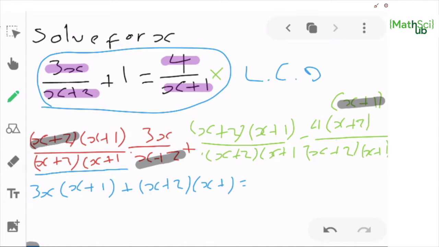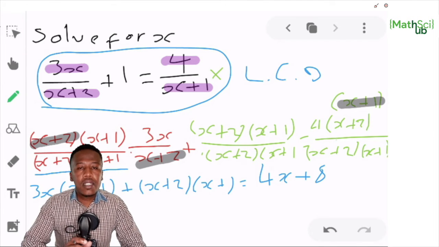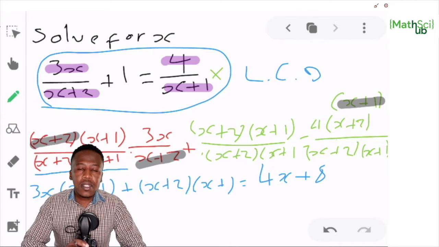If we multiply this 4 by this expression here, we are going to have 4x plus 8. Now can you see we've managed to get rid of our denominators by finding our LCD and then cancelling out what we need to cancel out.